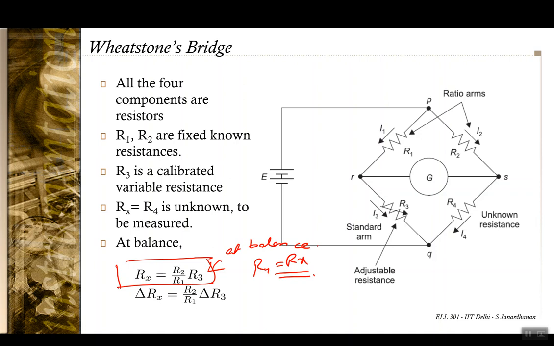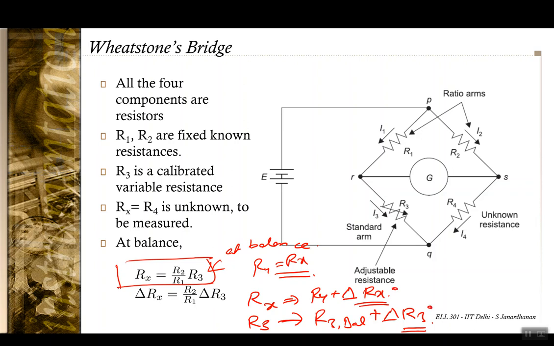Now if Rx changes from R4 to R4 plus delta Rx, and R3 goes from its balance value to that plus delta R3, these are the two variations, delta Rx and delta R3.